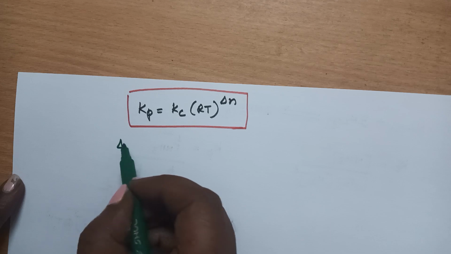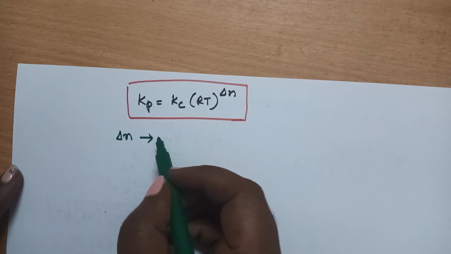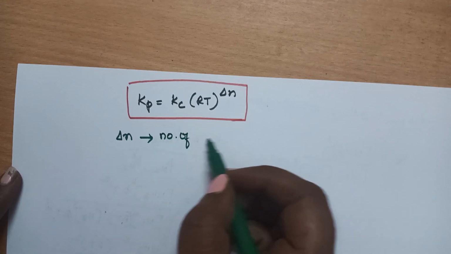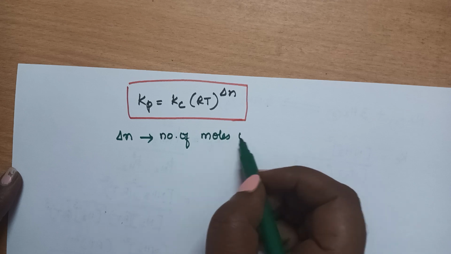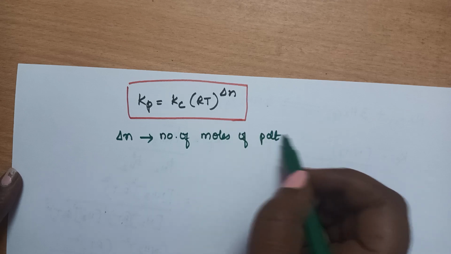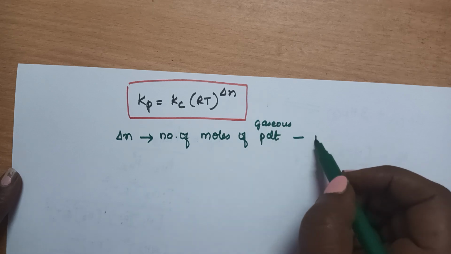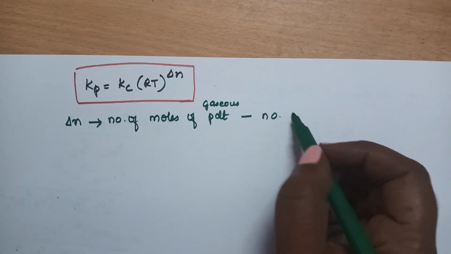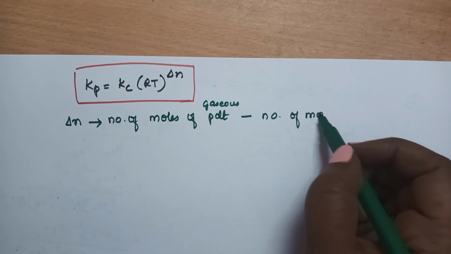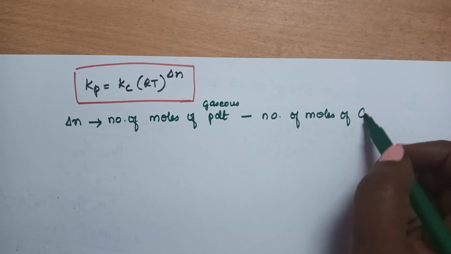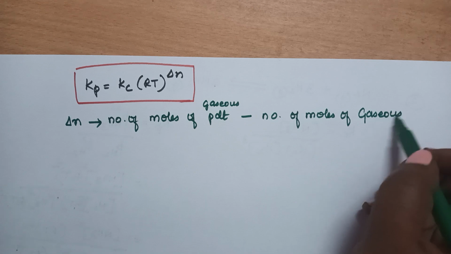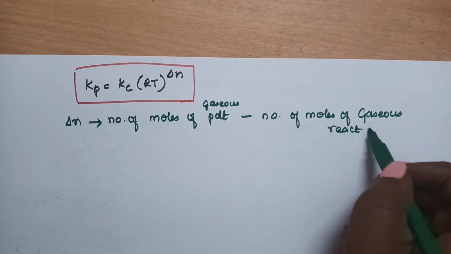So what is delta n? Delta n is nothing but number of moles of gaseous product minus number of moles of gaseous reactants.